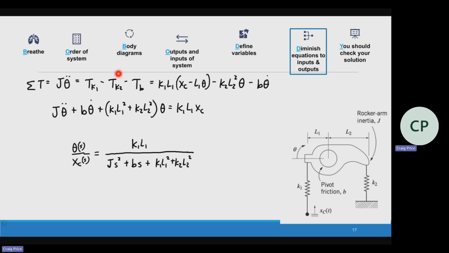And that's what our definition is. TK1 is equal to FK1 times L1. So if I just draw the circle as my free body diagram, sure, I'm going to have a TK1, but really if I break it down, it's going to be a vertical force times a horizontal moment. That's why I kind of like drawing it as a bar, just to show it's technically a force times the distance.